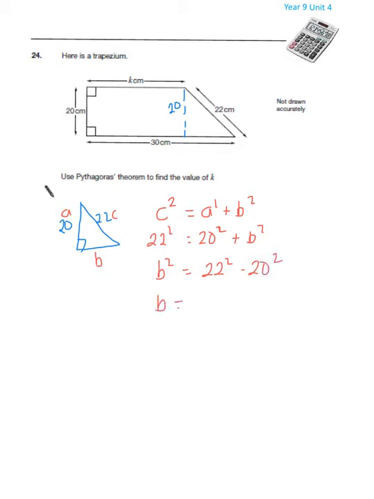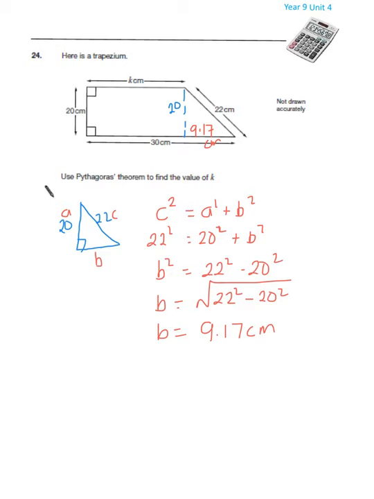And B will equal the square root of this, the square root of 22 squared minus 20 squared, which to 3 significant figures is 9.17 centimetres. So in this diagram, I know that that is 9.17 centimetres.